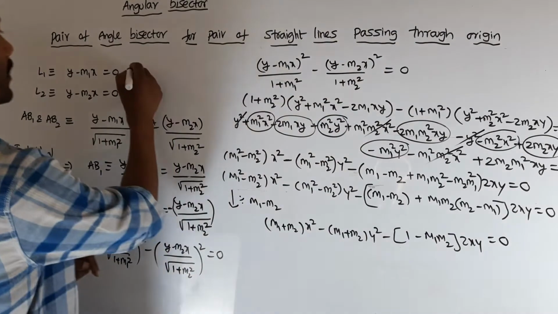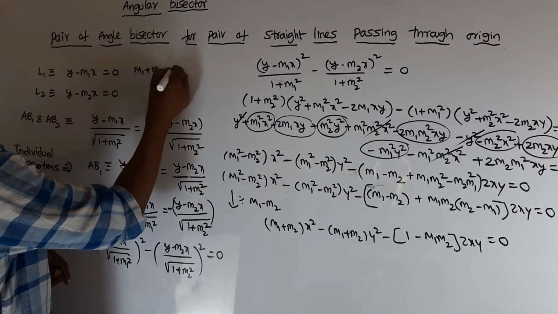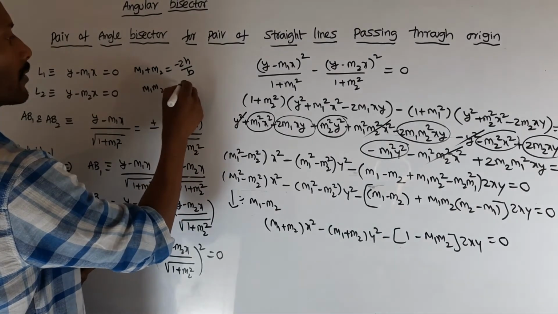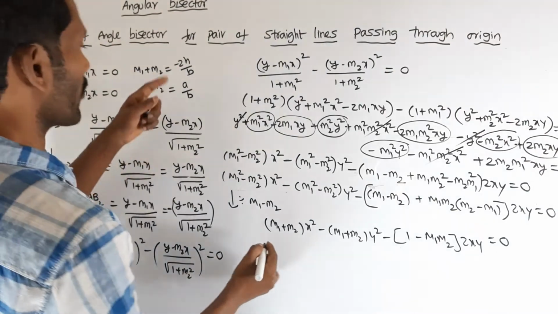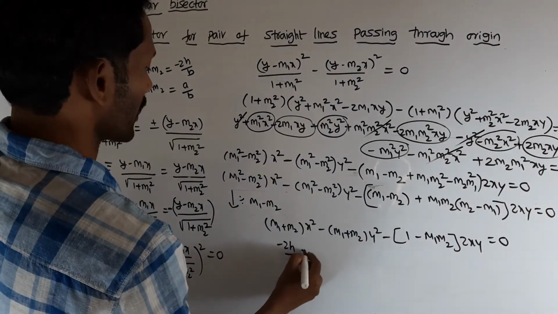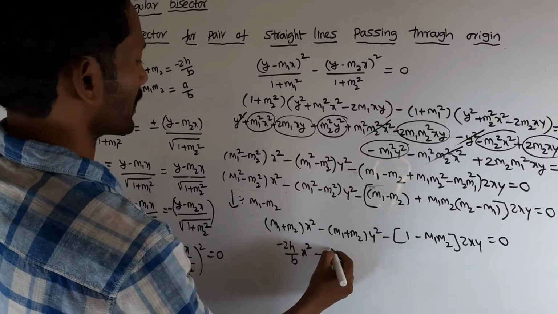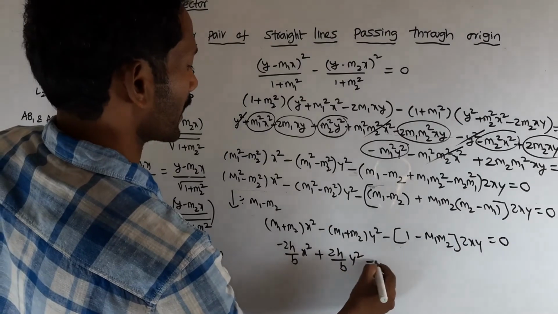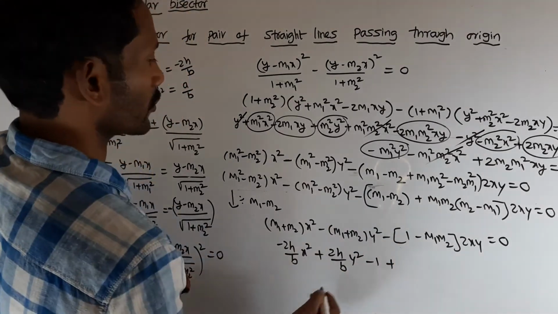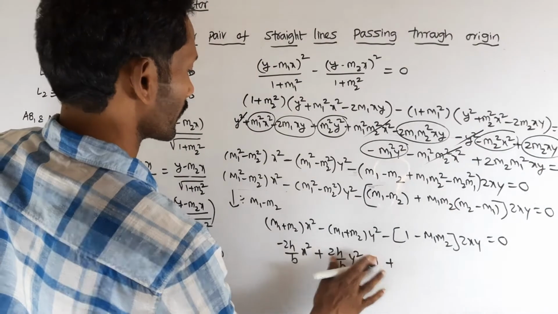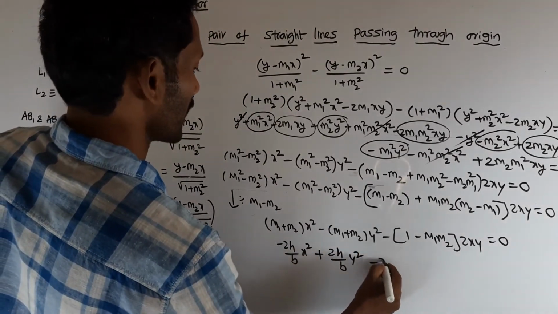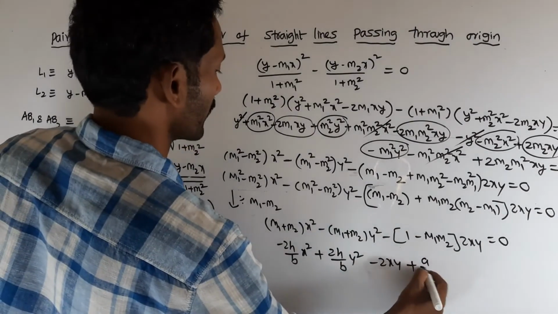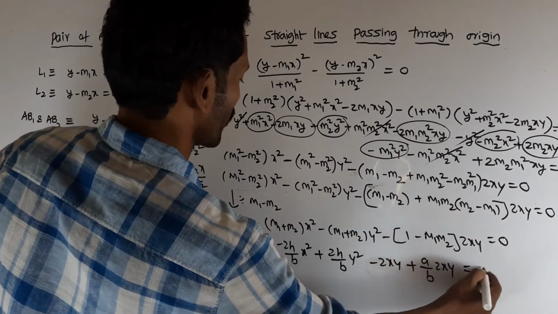We know that m1 plus m2, sum of the roots, is minus 2h by b, and m1 m2 is a by b. So m1 plus m2, minus 2h by b, into x square minus of m1 plus m2, minus of minus plus 2h by b, y square. So minus 1 minus of minus plus m1 m2 minus 2xy, minus of minus plus m1 m2 is a by b, 2xy equal to 0.